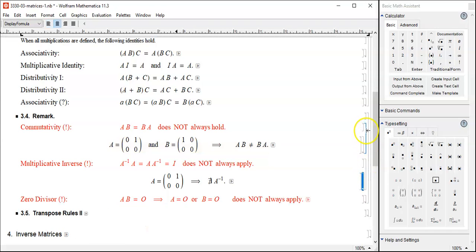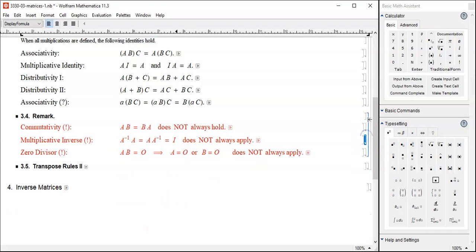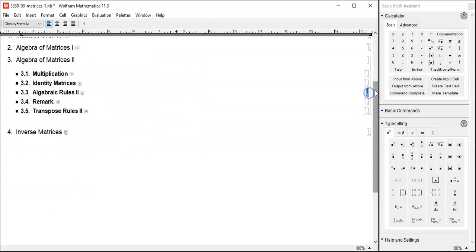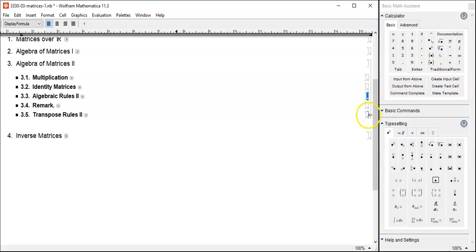Well, I'm not going to spend too much time on proving anything on matrix multiplication. See you again in an optional video, and let's move on to the next topic, the transpose rule. A times B transpose is not A transpose times B transpose. We have to flip the order.